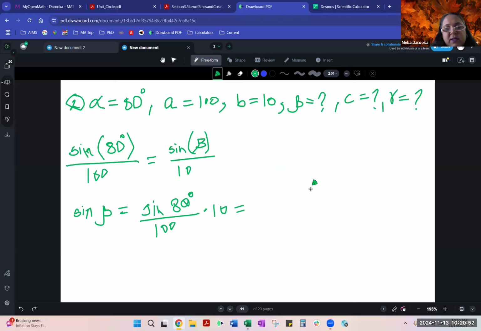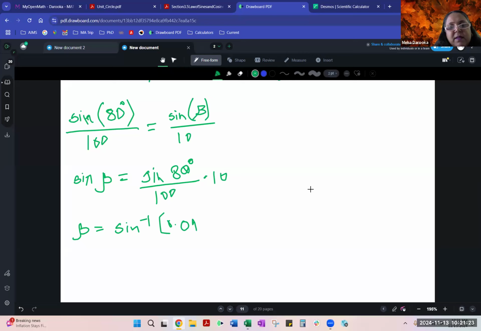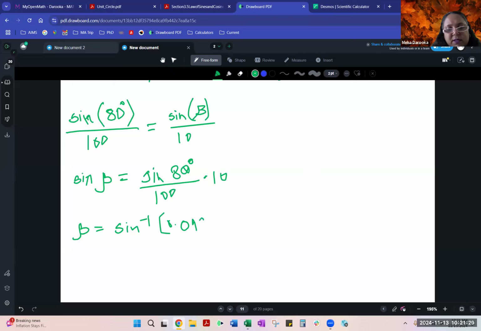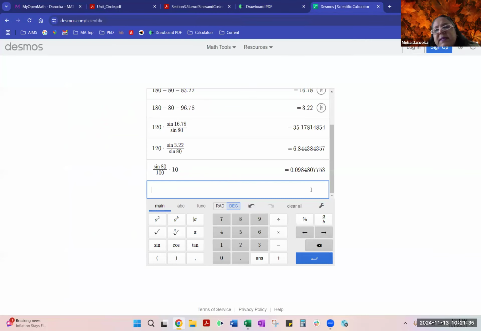I'm just going to write it down here. So since it is within the range, we can go ahead and do the sine inverse function. So sine inverse on 0.09848.